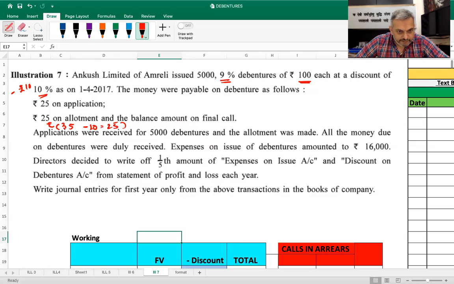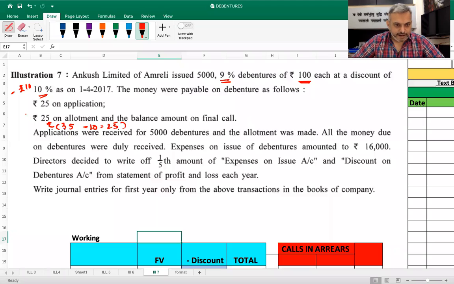If nothing is given, the discount is always to be adjusted in allotment. So please be careful about it. And the balance amount on final call.